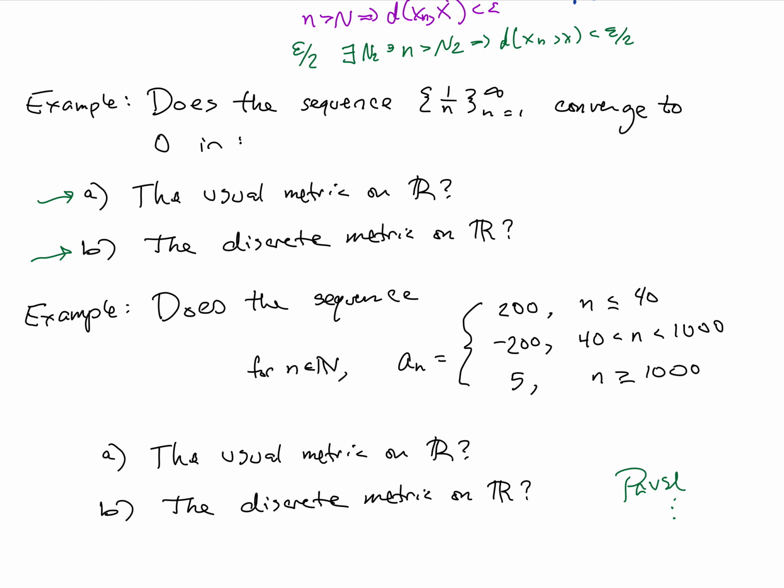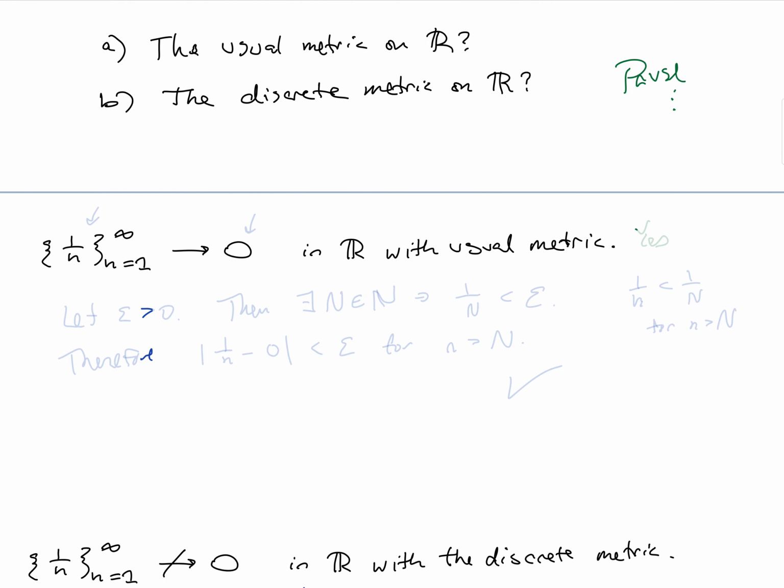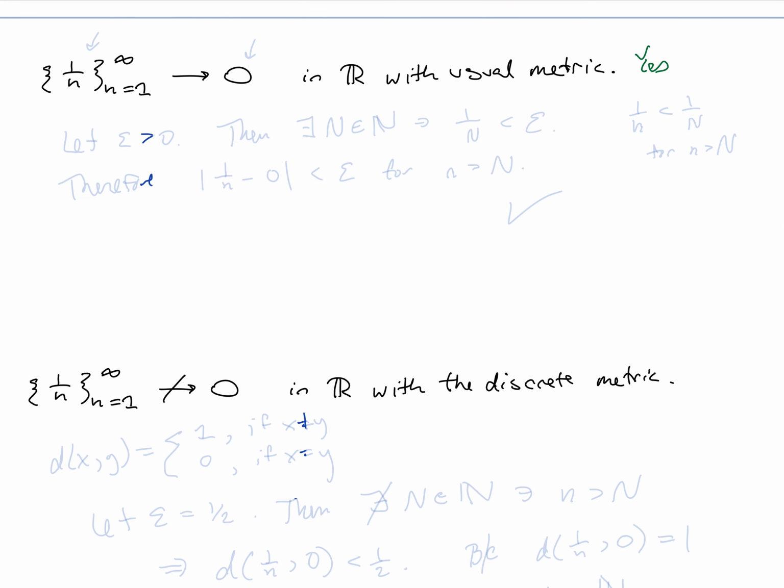Okay, so does the sequence 1 over n converge to 0 in R in the usual metric? Yes, it does. Let epsilon be greater than 0. We're not saying what epsilon is, it's just some presumably small positive number, but it is positive. Then there is some N in the natural numbers such that 1 over N is less than that small positive number.